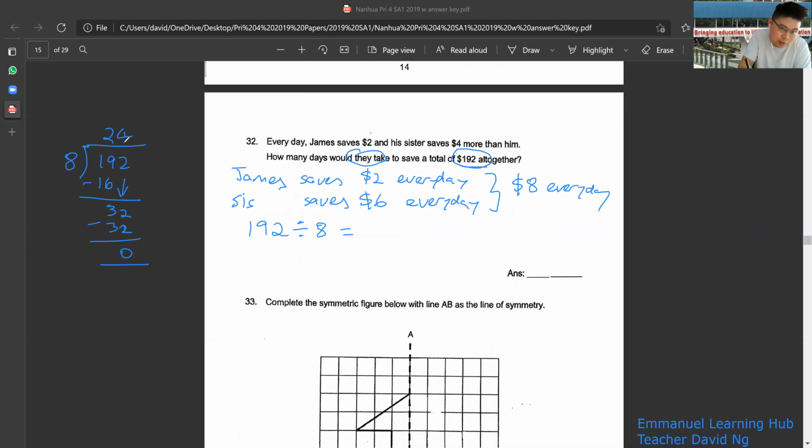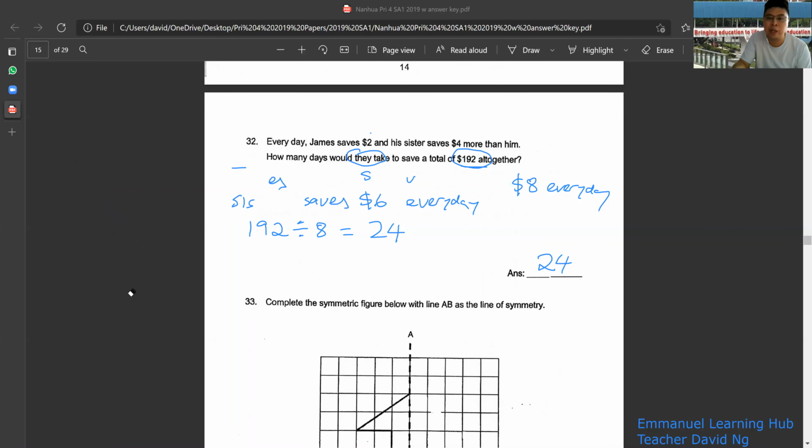Yes. You struggle a bit. So how many days? 24. Your problem is your multiplication timetable. One of your main hurdles.